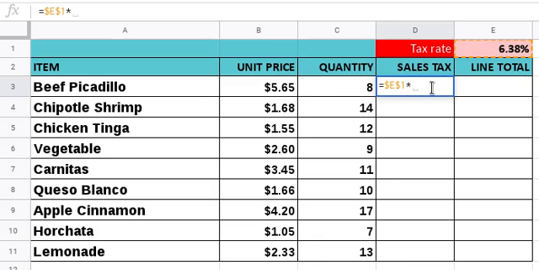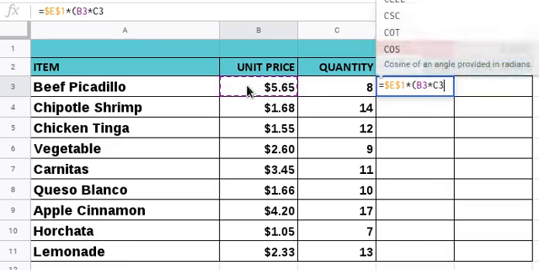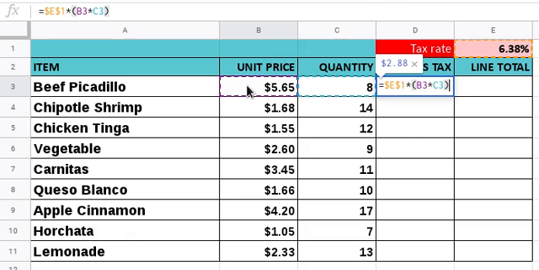Multiply by, now you put these other cells which are not supposed to be constant. B3 multiply by C3, and then we close the brackets. Which part of this formula is absolute? It is E1.